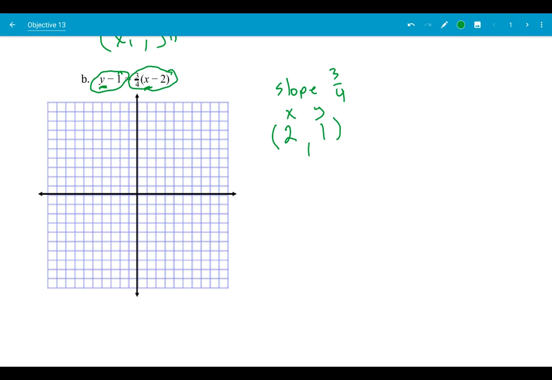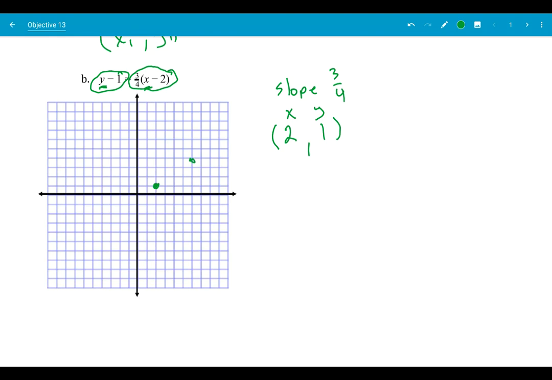The cool part about this format is that even if I change the slope from something like 3/4 to 1/2 or negative a third or 5, that x equals 2 would still make that side 0 because 0 times anything is 0. So plot your point, (2, 1). That's right here. And then from there, you're going to go up 3, over 1, 2, 3, 4.